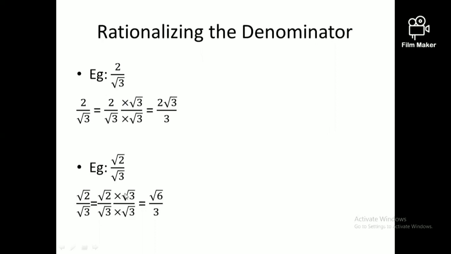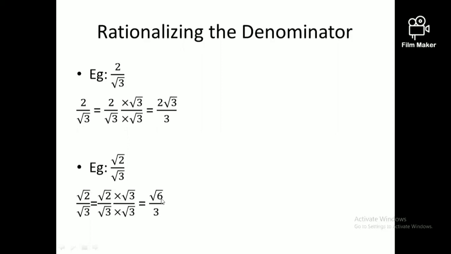Okay, in this example, we have to rationalize the denominator of root 2 over root 3. We have to multiply both numerator and denominator by the denominator's surd, so root 3. Root 2 into root 3 is root 6.